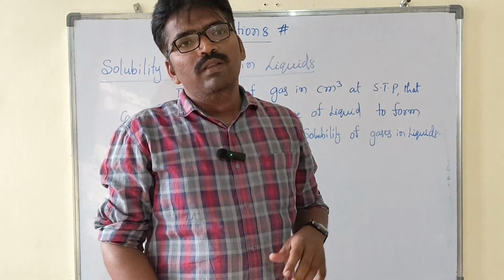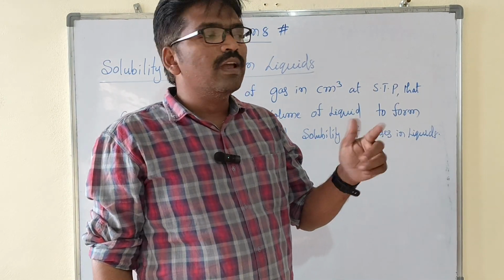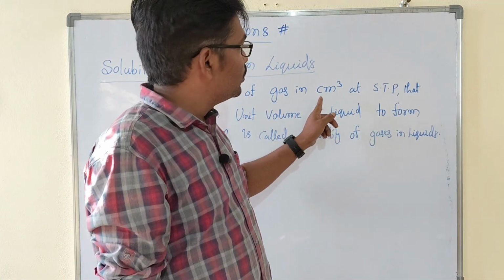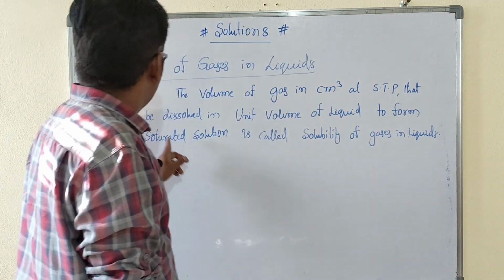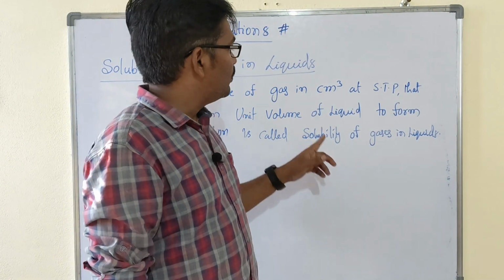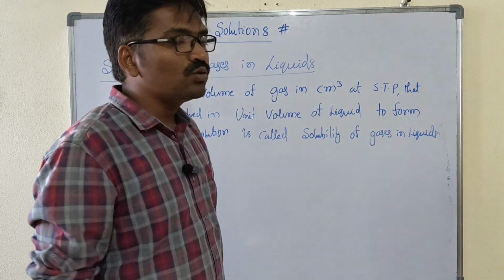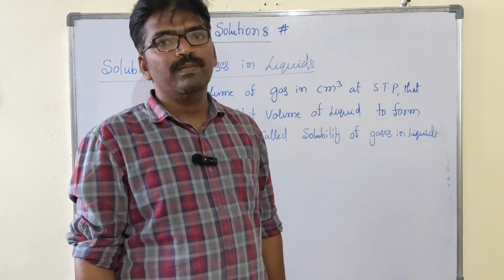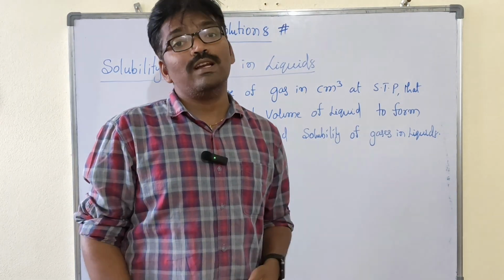The volume of gases in cubic centimeters at STP conditions that can be dissolved in one unit volume of water, or liquid, to form a saturated solution is called the solubility of gases in liquids. Generally, the solubility of gases in liquids we can express in mole fractions.